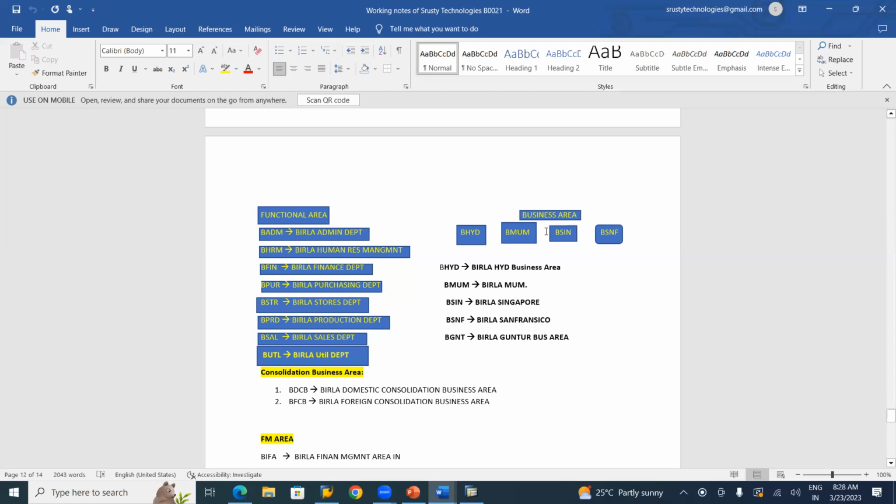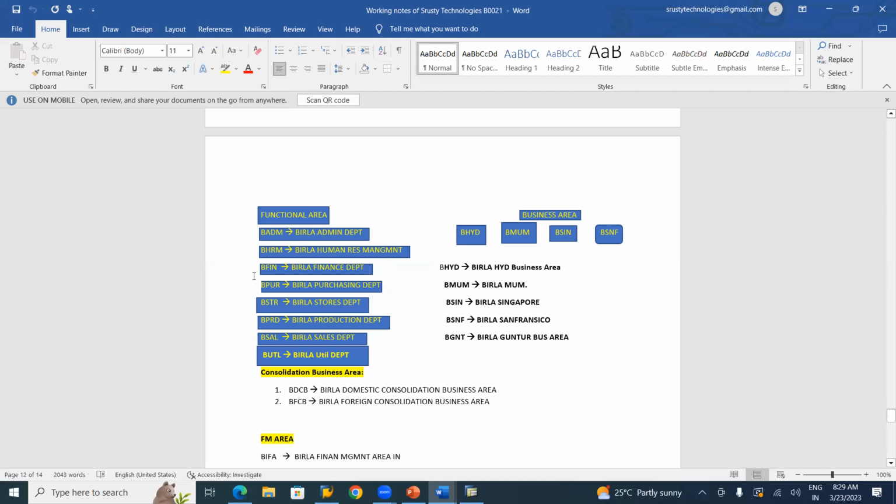So 3 business areas in India: Hyderabad, Mumbai, and Guntur. And we have 2 business areas in foreign locations: Singapore and San Francisco branches. I have defined them as BHYD, Birla Hyderabad business area, Birla Mumbai business area, Birla Singapore business area, Birla San Francisco business area, and Birla Guntur business area.